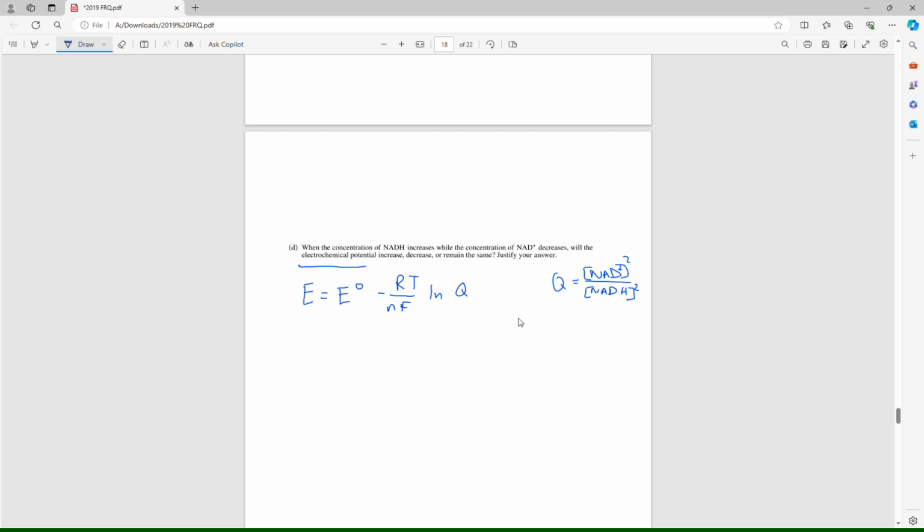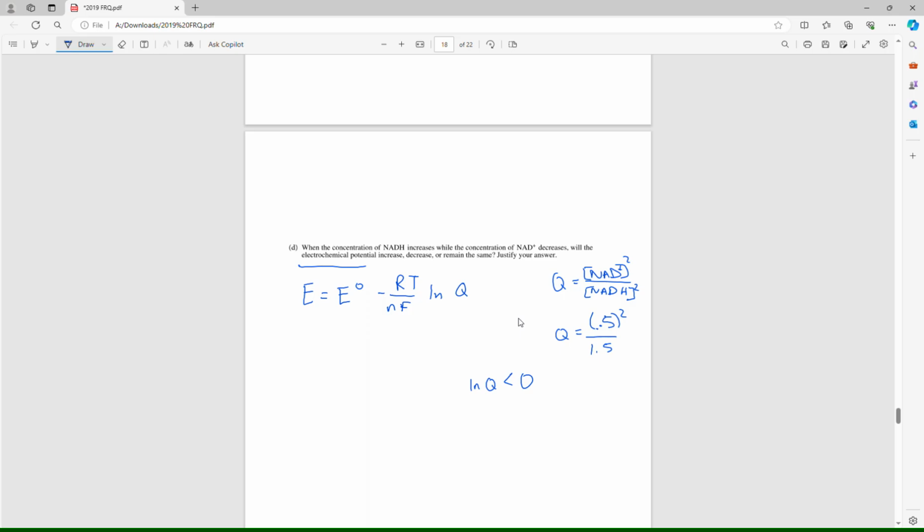But if we decreased NAD plus, it would be less than 1. So we could just say 0.5, just for simplicity, and we'll say NADH increased to 1.5. We can see that Q is a fraction if we decrease NAD plus and increase NADH. So since Q is a fraction, the ln of Q would have to be less than 0. The natural log of a decimal of something less than 1 but greater than 0 is a negative value.